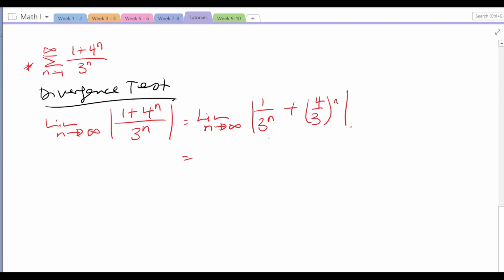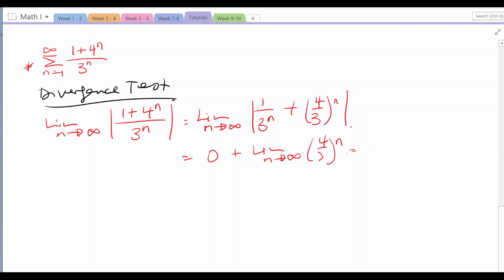So the first term, 3 to the power of infinity, will give you 0 for the first term. And then the limit as n approaches infinity of 4 over 3 to the power of n will become infinity.